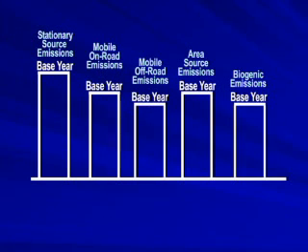In other words, the emissions that were in the air that created the readings on the monitor such that the design value calculated to be non-attainment. So you had a certain level of stationary source emissions, a certain level of mobile on-road emissions, a certain level of mobile off-road emissions, a certain level of area source emissions, and a certain level, given the individual pollutant perhaps, of biogenic emissions.